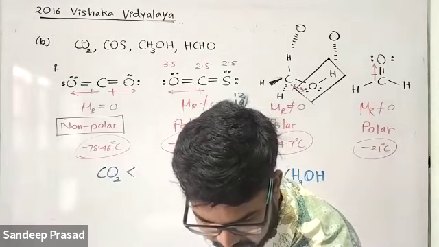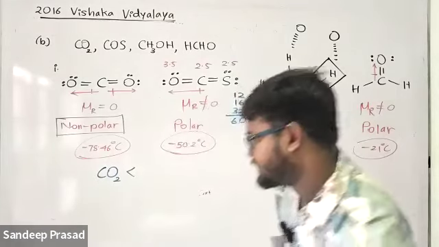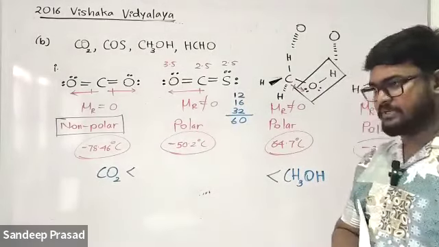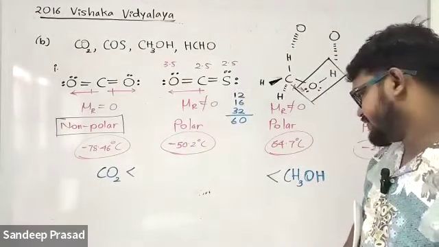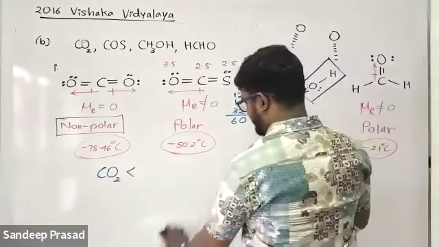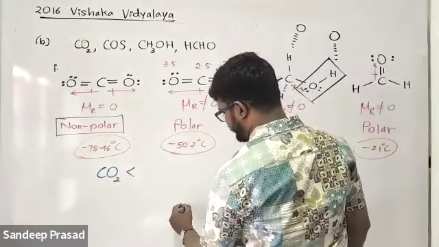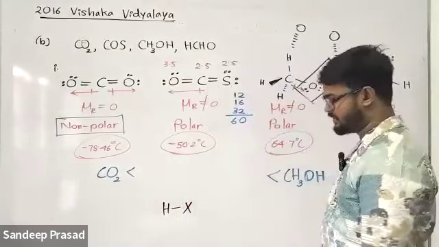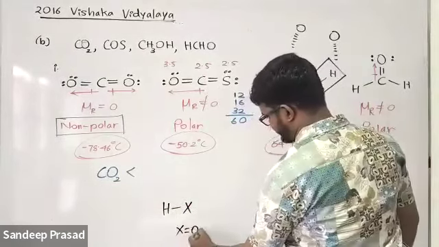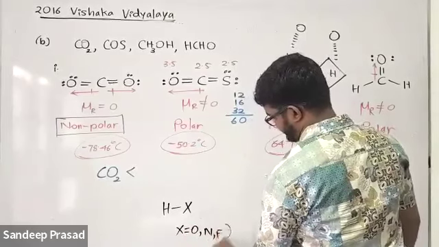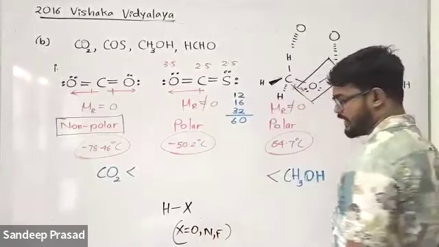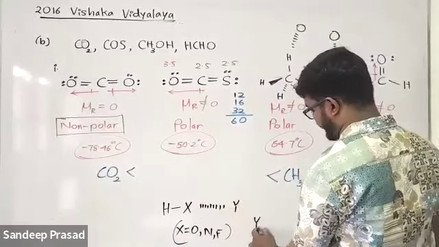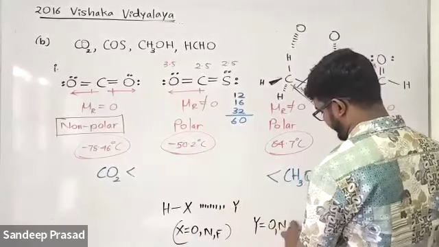So why doesn't methanol have hydrogen bonds? You should not ask that question, because I told you how hydrogen bonds form. Remember, in order to form a hydrogen bond, there should be an electronegative atom like oxygen, nitrogen, or fluorine, X, connected to hydrogen, and it should interact with another electronegative atom Y, also oxygen, nitrogen, or fluorine.